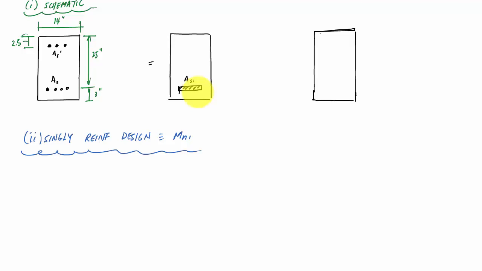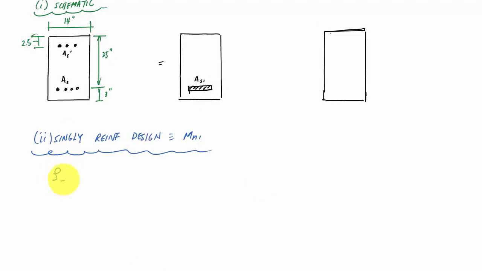I'm going to just choose rho of 0.0075. So my rho target for the singly reinforced part is 0.0075, and for 4 ksi concrete and grade 60 steel, that is 0.0138. By that choice, I have specified a strain profile, and that strain profile is essentially the same for all three drawings.